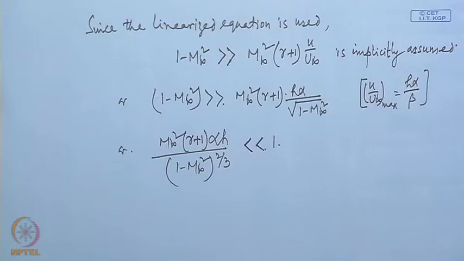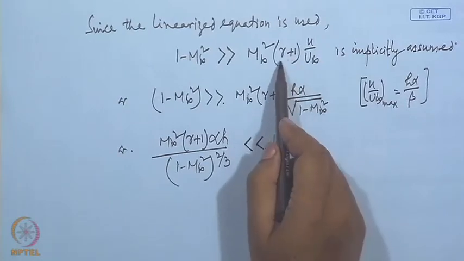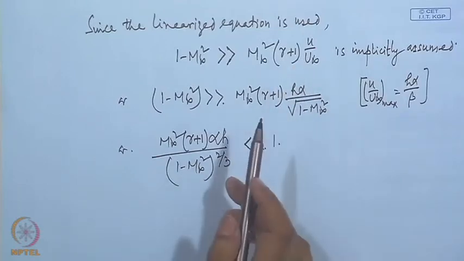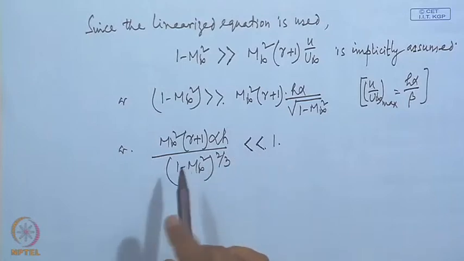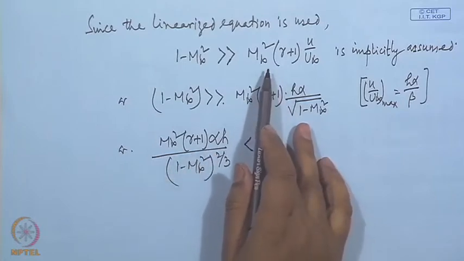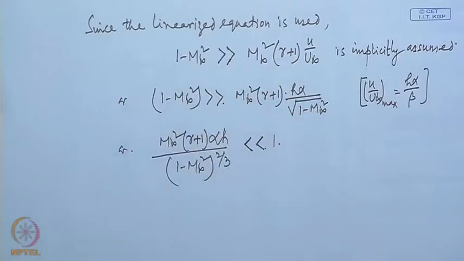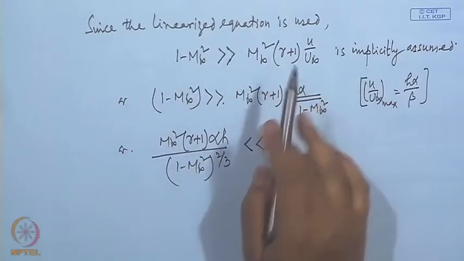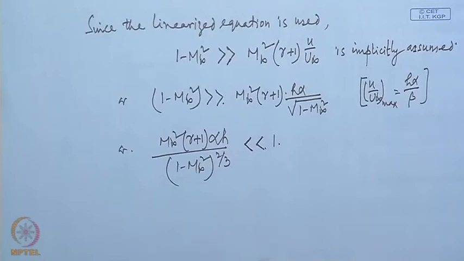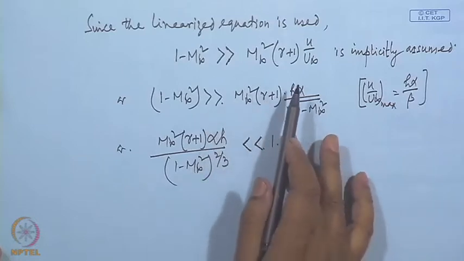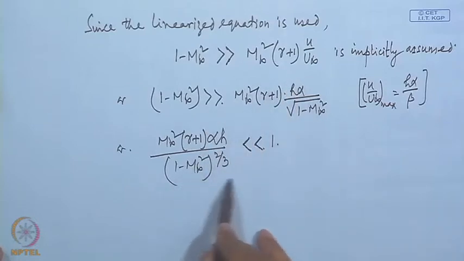Now, what is the meaning of this? We have earlier stated that this term is negligible when M infinity is not close to 1. In particular, when M infinity is close to 1, only then does this term become comparable to this one. So, this term cannot be neglected for M infinity close to 1, or for transonic flow. Now, what it says is that this can be negligible if this is satisfied.